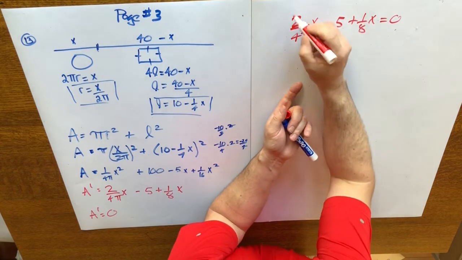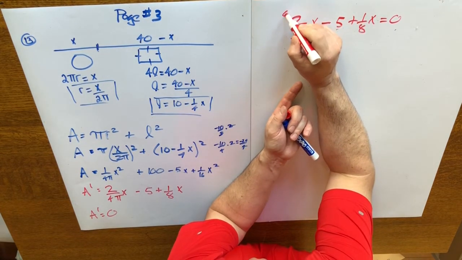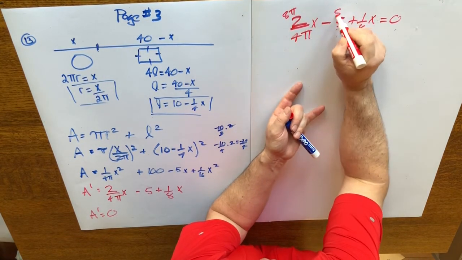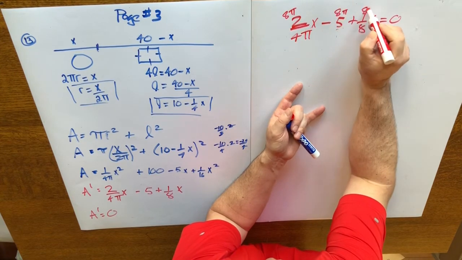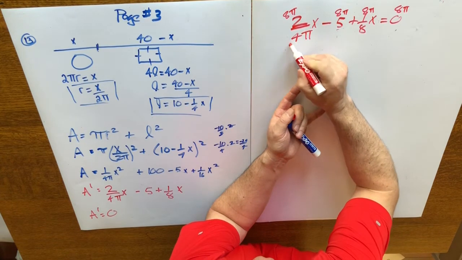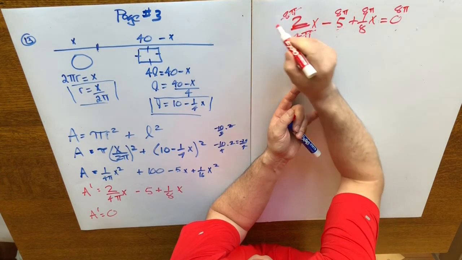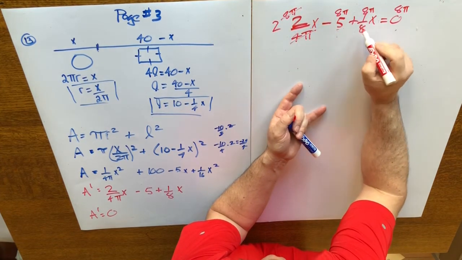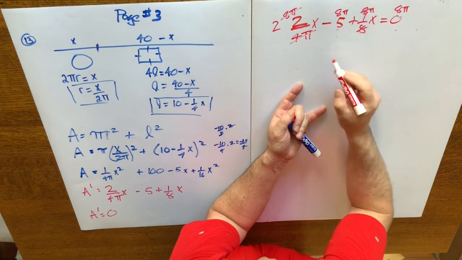I'm going to multiply everything by 8 pi. That way I can eliminate this denominator with this, and I can eliminate this with this.